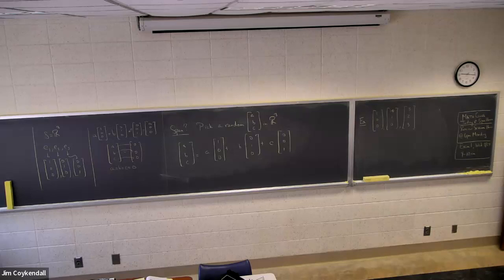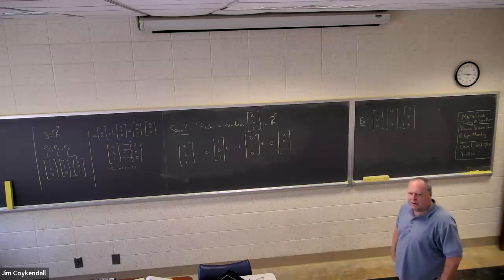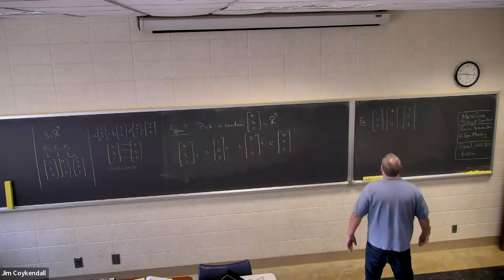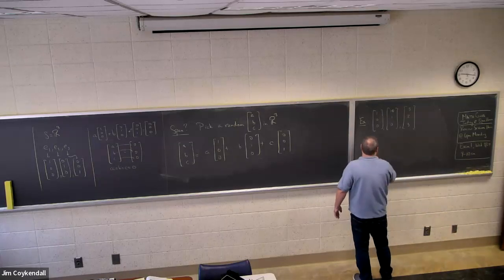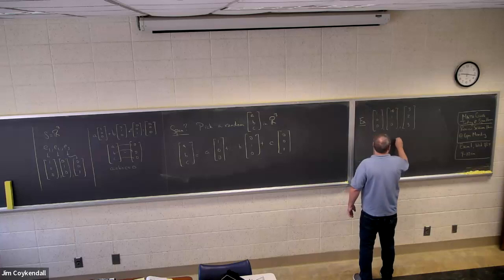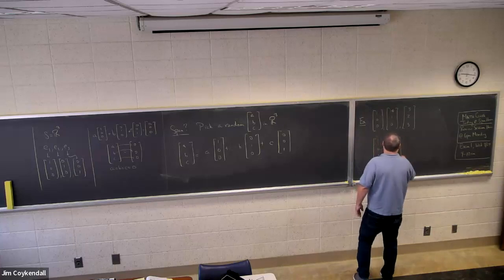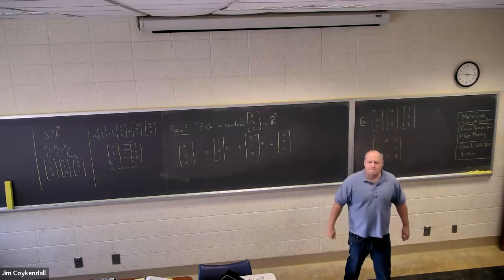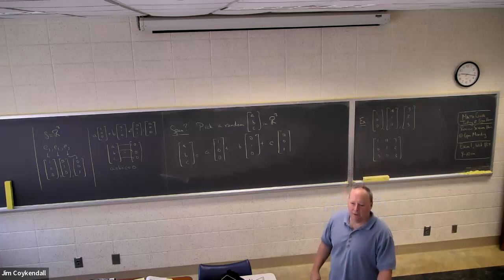Is that a basis for R3? Ooh, it's a little harder to tell, isn't it? Let me ask you a question. If you put this into a matrix here, how many pivot columns do I have?